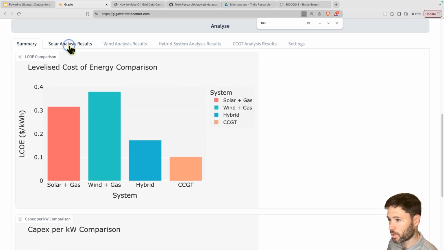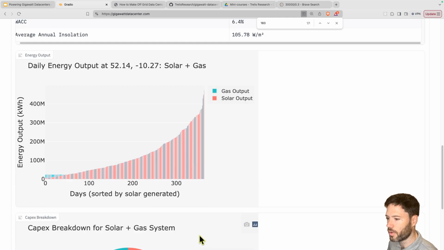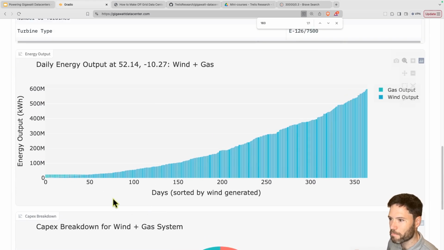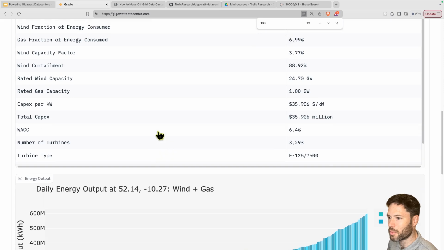And this also boils down to the shape of the curves. If you look at the solar curve here, you can see maybe it's not great. It's coming a bit steeper up here, but ultimately this is better than if we look at the wind curve. The wind curve here is extremely flat as we go down to the left-hand side. And so in wind, we need to massively overbuild.